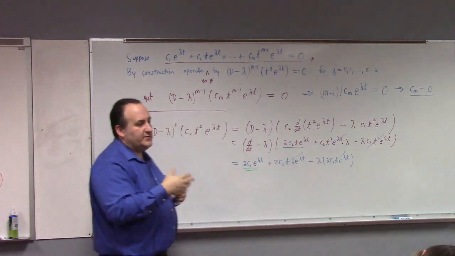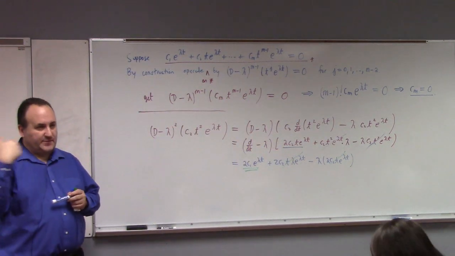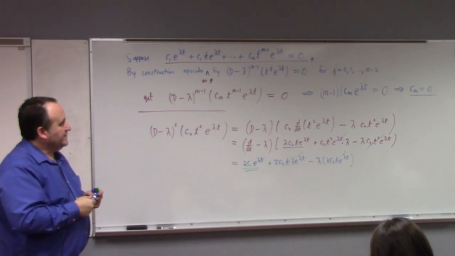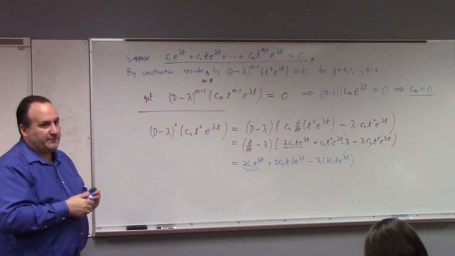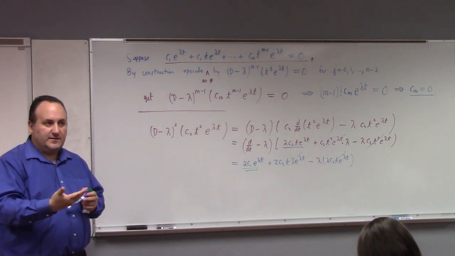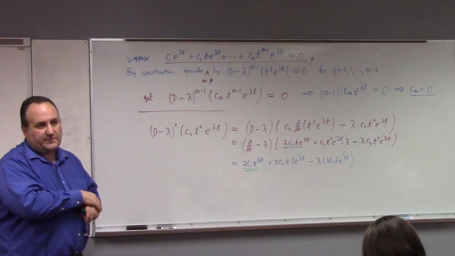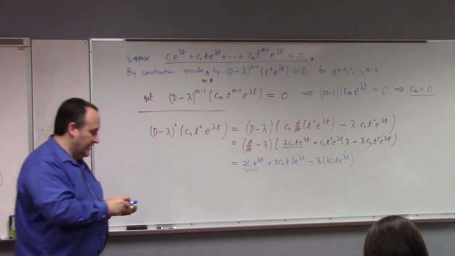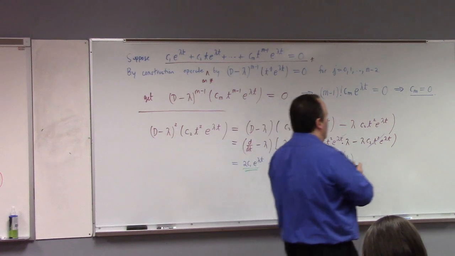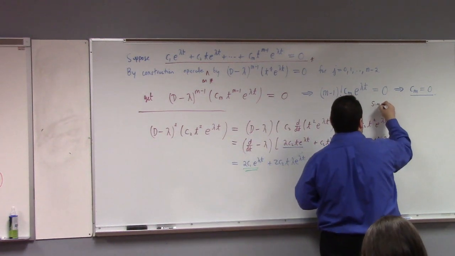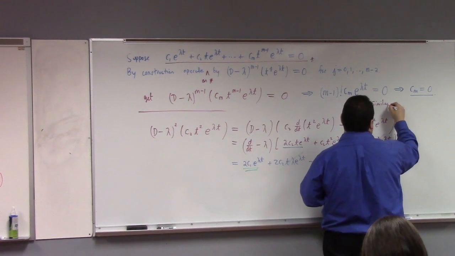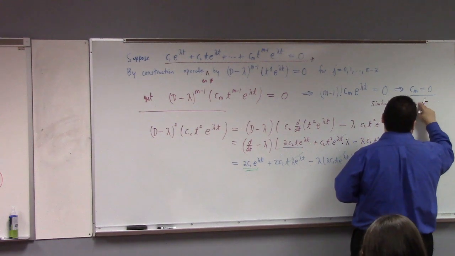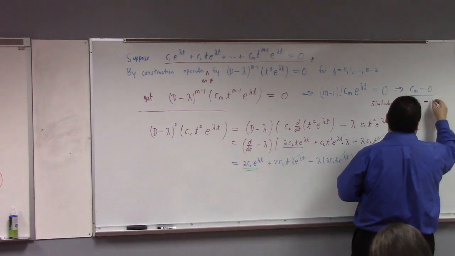But if we can do this argument for the top coefficient, we can just as well repeat the argument if we multiply instead by the m minus 2 power. The same argument will show us that cm minus 1 equals 0.